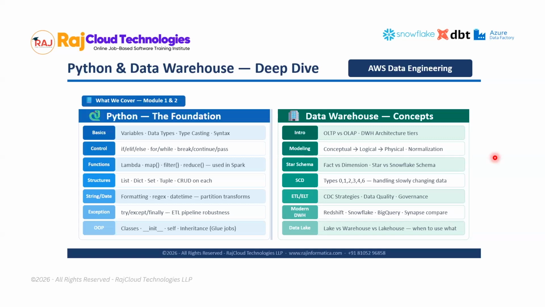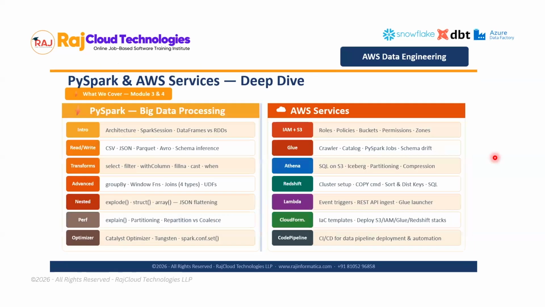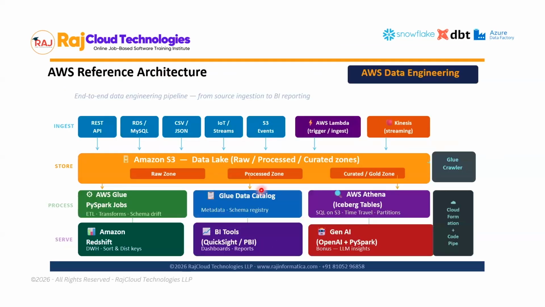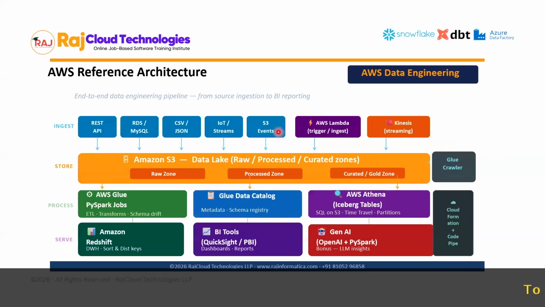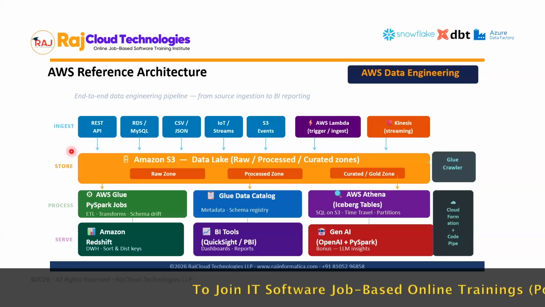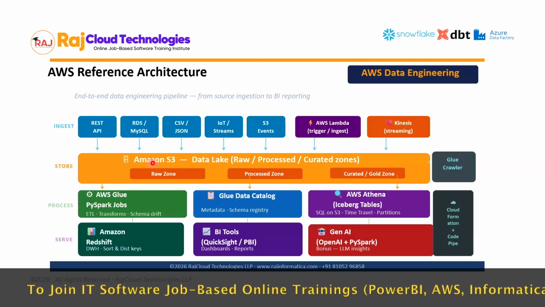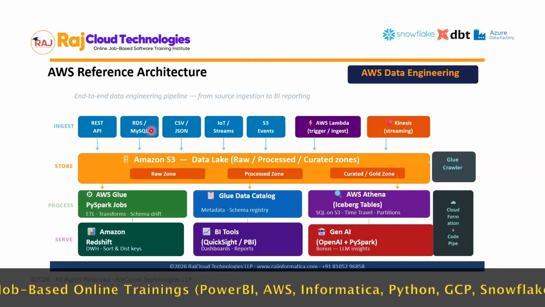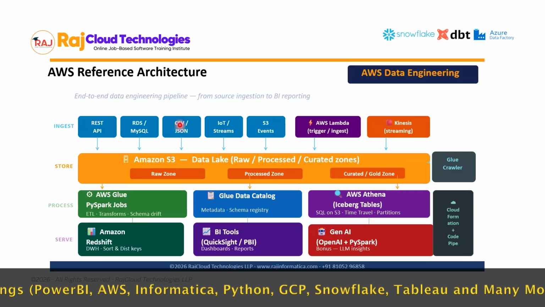So rather, let me explain the way I explain it: where does it fit into your reference architecture? This will be our blueprint. If I am running Python, I will show, okay, see, I have defined a Python code to read the data and write it into your S3. So this is where it fits into module 1.